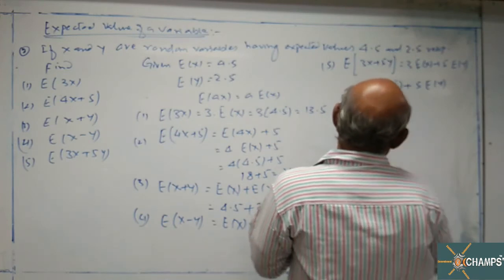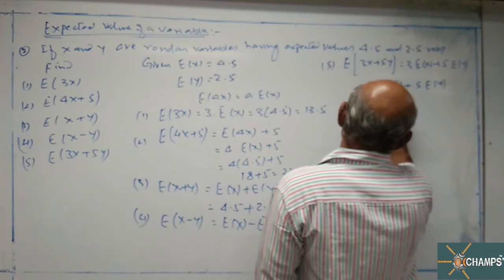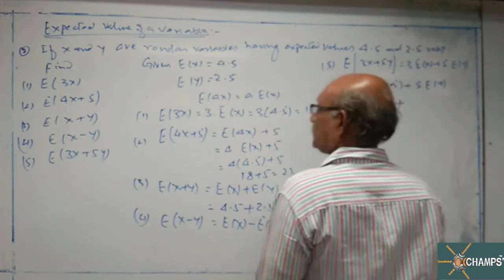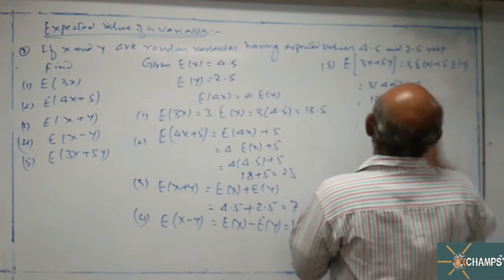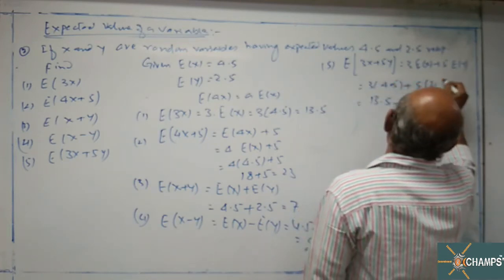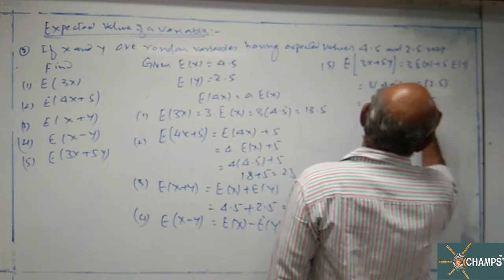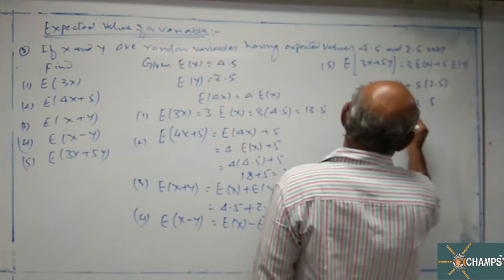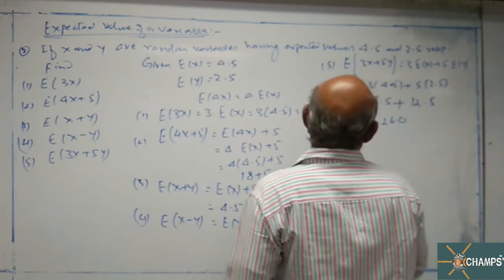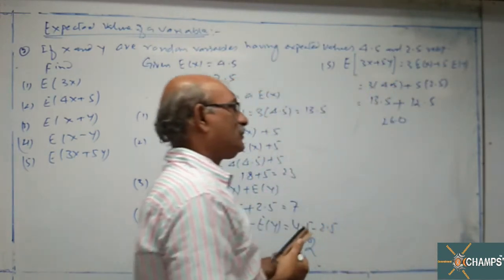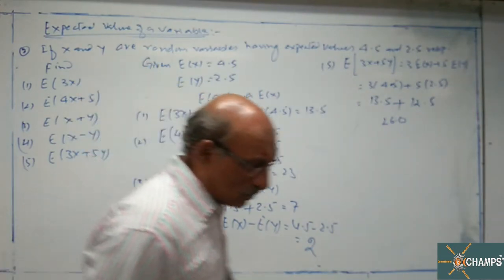So this is 13.5 plus 5 into 2.5, which is 12.5. The answer is 26. Okay, sir. Note down the solutions.